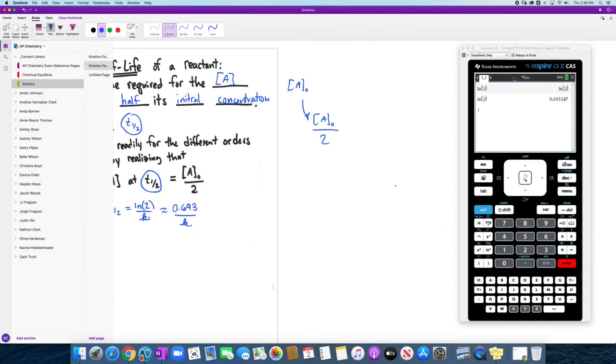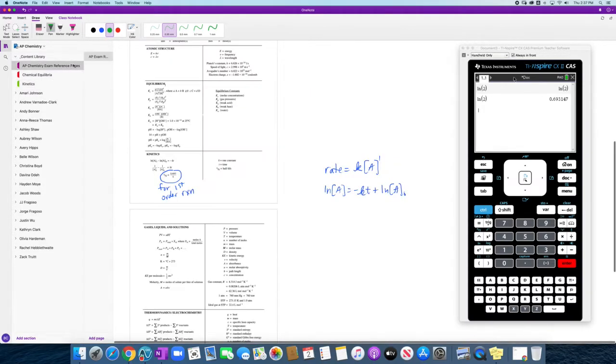And so we start off with the integrated rate law for a first order equation, which we're learning is natural logarithm of A equals minus KT plus the natural logarithm of A initial. By the way, on your equation page, they've rearranged that slightly. They've subtracted natural logarithm of A initial from both sides.